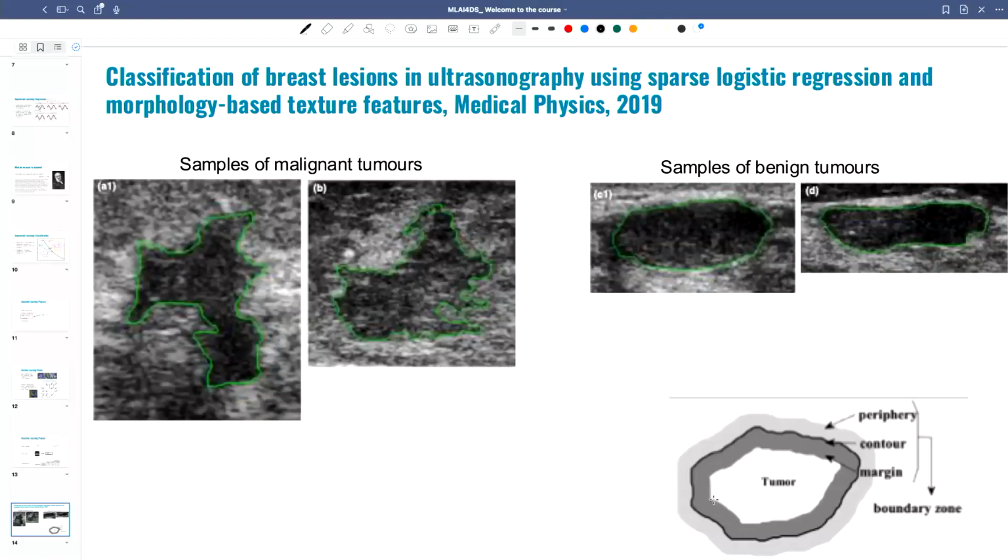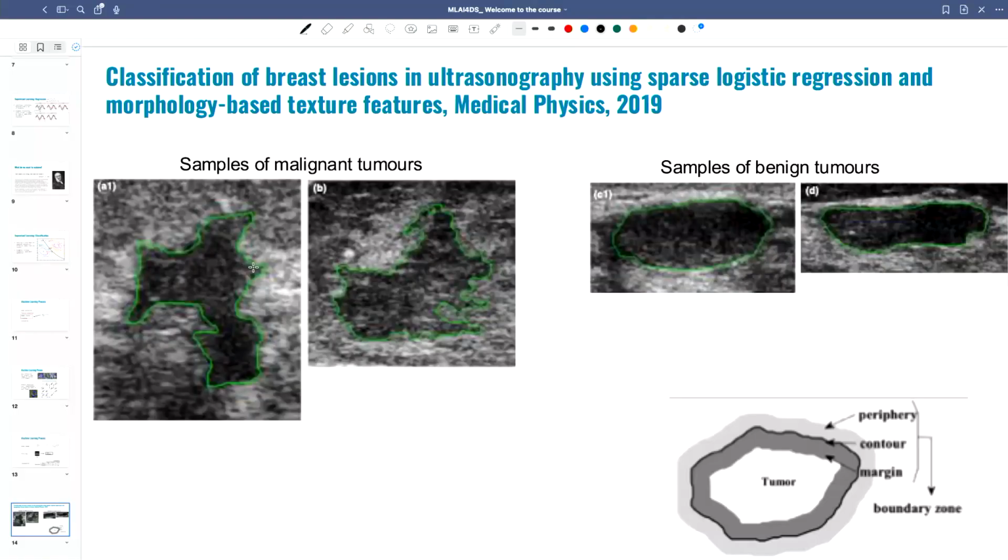And I remember that we had a lady radiologist, and she came to the university and she said, when I try to report the outcome of the ultrasound image to the patient and to the doctors who are going to treat that patient, I generally look at how the boundary of the tumor in the image is. It contains important information.